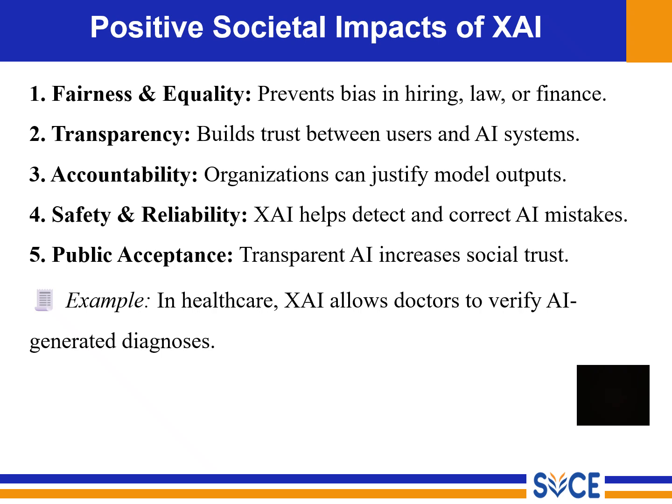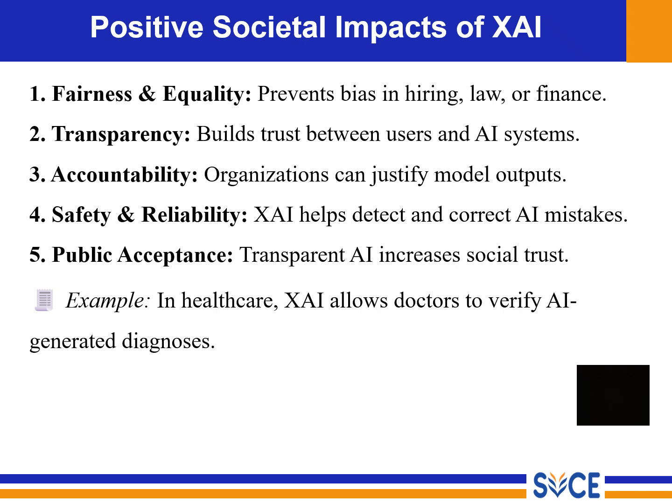The fourth one is safety and reliability. XAI catches mistakes early. Imagine a self-driving car explaining why it braked suddenly. And the fifth one is public acceptance. When people understand the AI, they start accepting and using it confidently.